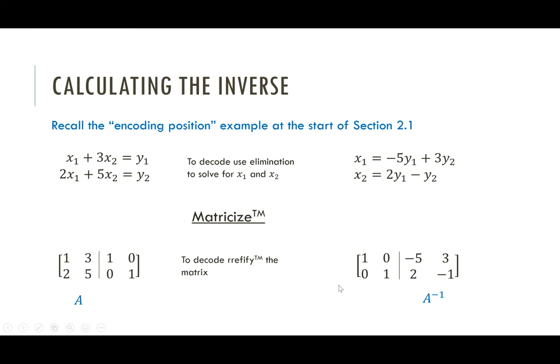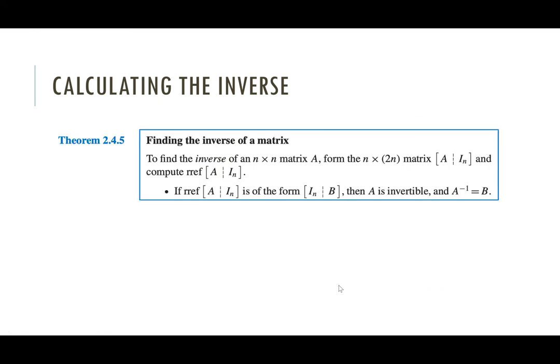So let's say this in general. To find the inverse of a matrix, you make that matrix the left side. If it's invertible, it had to be n by n in the first place. So make that the left side of an augmented matrix, make the right side the n by n identity matrix, and then compute the reduced row echelon form.